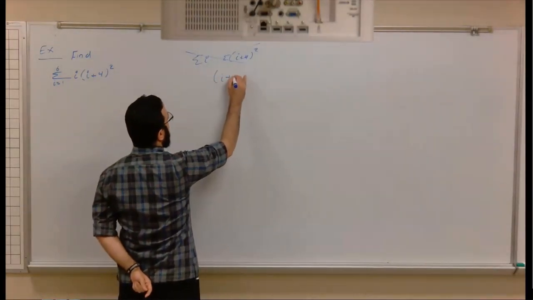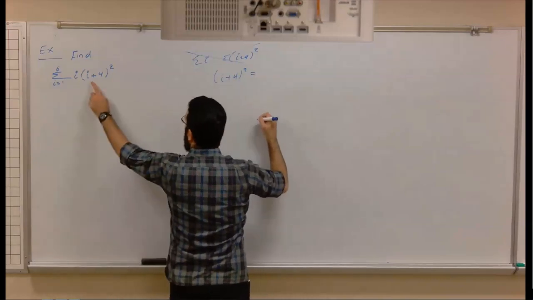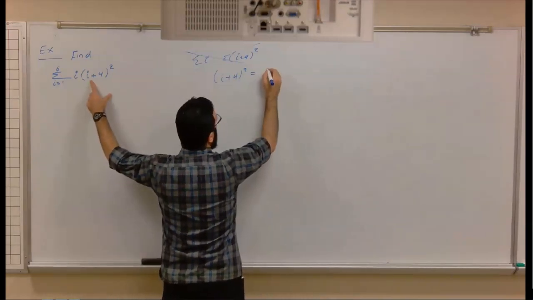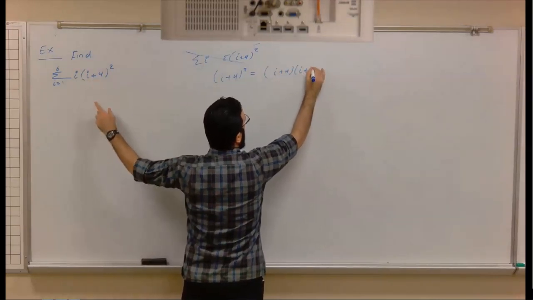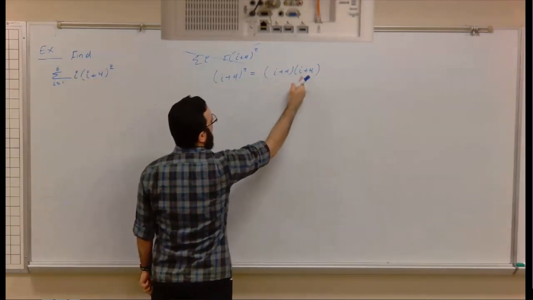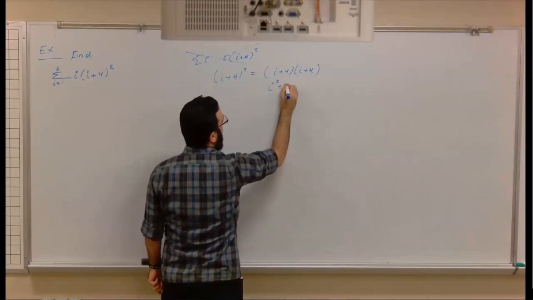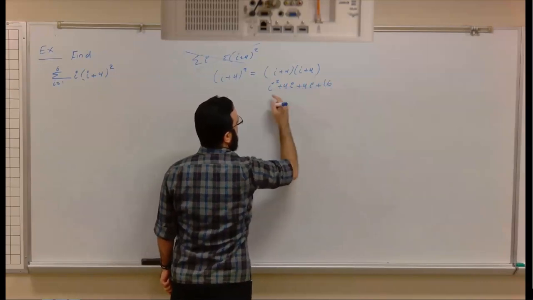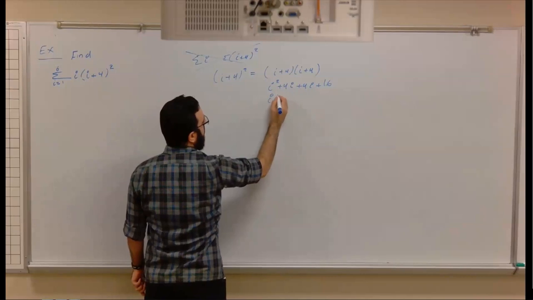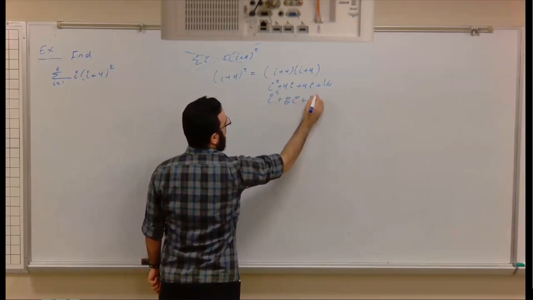I plus 4 squared is going to be, let's look like, I plus 4, I plus 4, okay? That means I times I is going to be I squared, plus 4I, plus 4I, plus 16. Combine the like terms, so it's going to be I squared, plus 8I, plus 16.